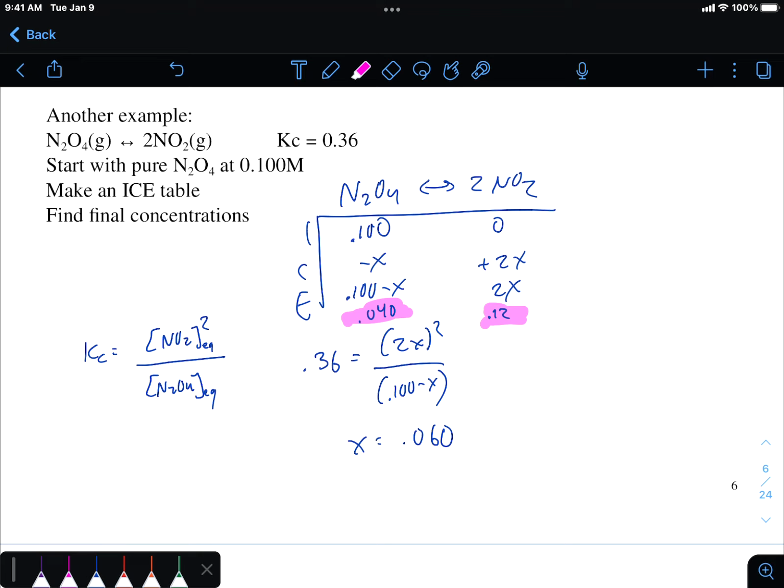So now 0.36, even though it's reactant favored, it's not that low of a number. As you will see, the K's can get really small. You can have K's with powers of 10 with exponents in the negative 30s. So anything close to 1 is very close to equilibrium in and of itself. We'll see extreme examples in just a bit.